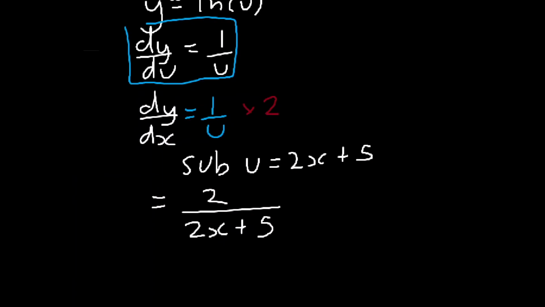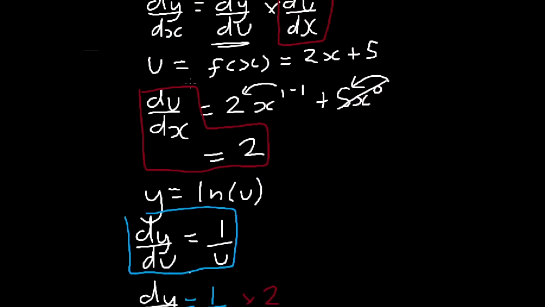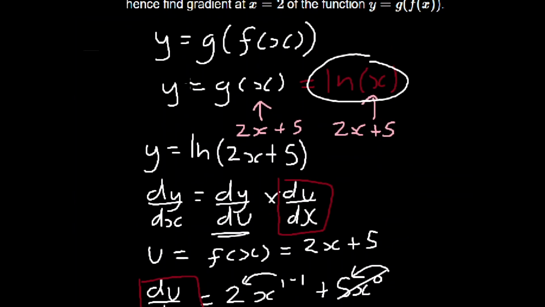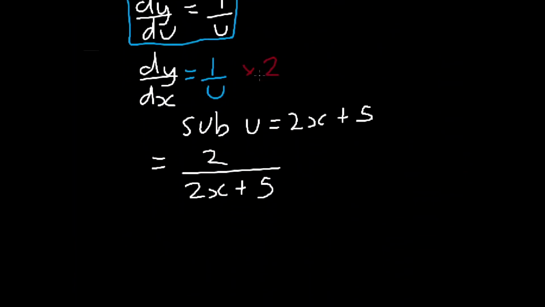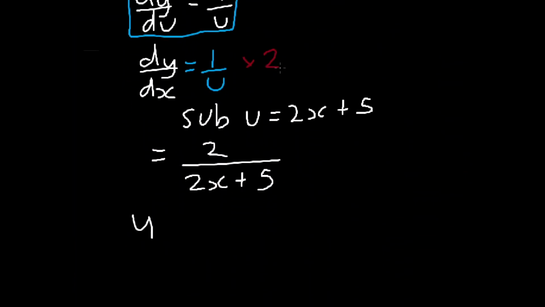But it says, and hence find the gradient of the function at x is equal to 2. So now what we do is we can say y tick, that's the same as saying dy/dx. So we can say y tick at point 2 is actually equal to 2.